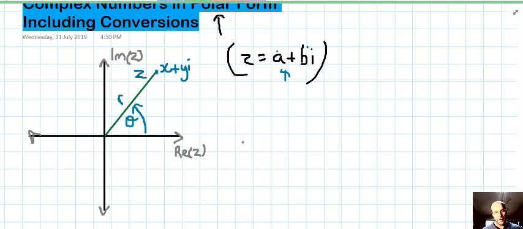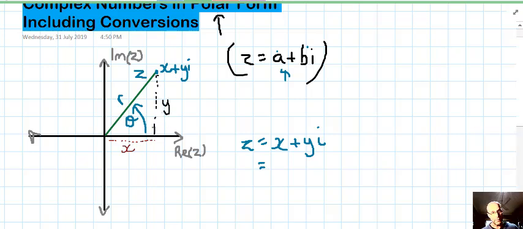So for this Argand diagram, we have complex number z is x plus yi, and similarly, because of the right angle triangle involved, and just like with the trig that's involved in 2D vectors, we have components, and we also have a component horizontally as well, and that one would be called x, and this one would be called y. That's no big surprise, we have a right angle there.